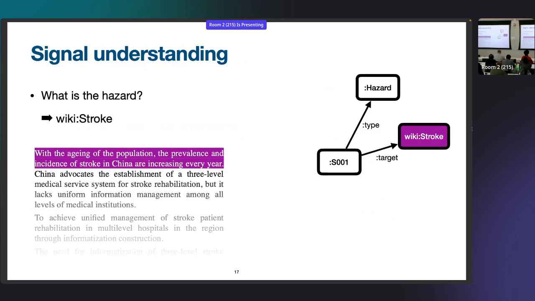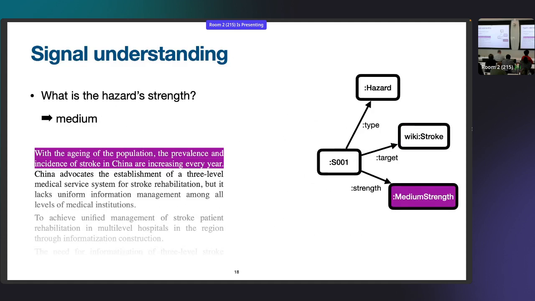We already found the target and the strength. The strength is also inferred using a prompt that can extract medium as one of the potential targets.